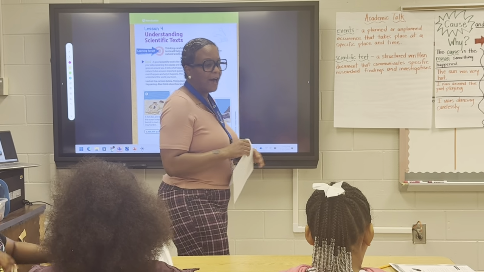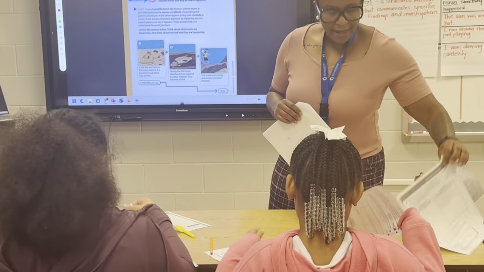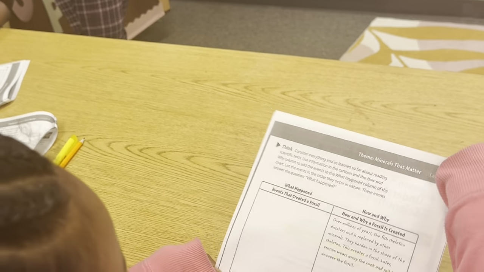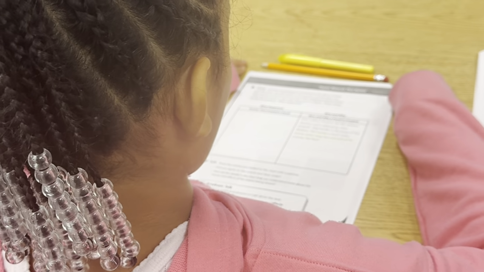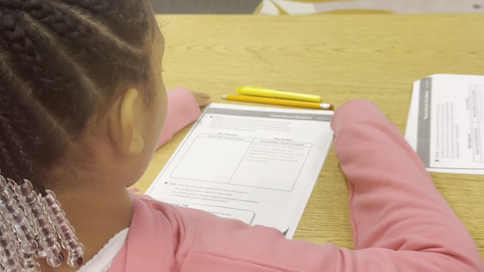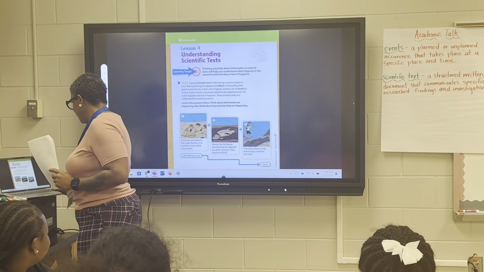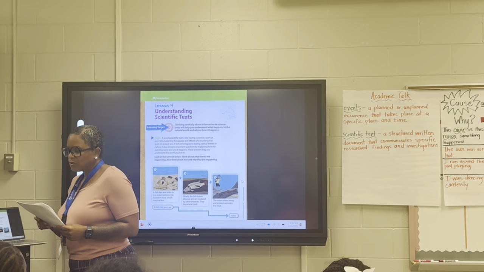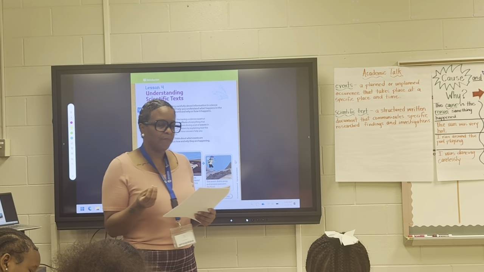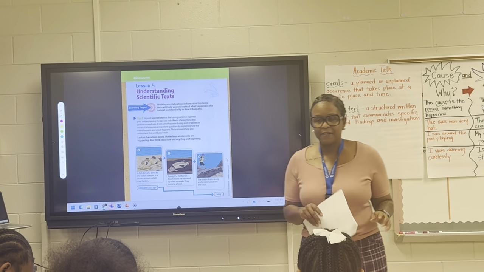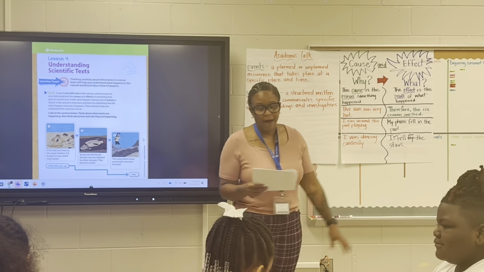Good, so let's turn to our next page, and we are going to fill out this method of using cause and effect to help us understand this text before I let you work in small groups together. Consider everything you've learned so far about reading scientific text and what we reviewed about cause and effect.